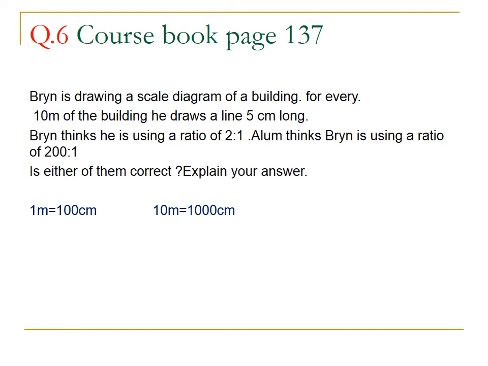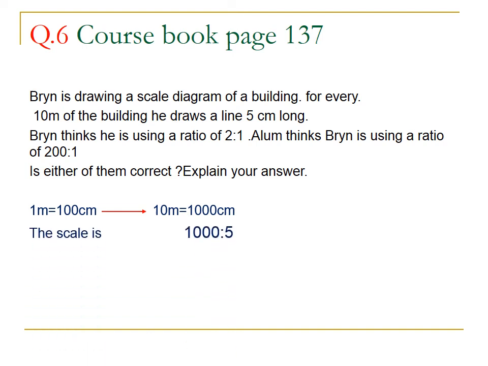So now I will convert 10 meters to centimeters. 1 meter equals 100 centimeters, and 10 meters equals 1000 centimeters, because I multiply 10 by 100. After I convert the meters to centimeters, now I can write the ratio because both units are the same.